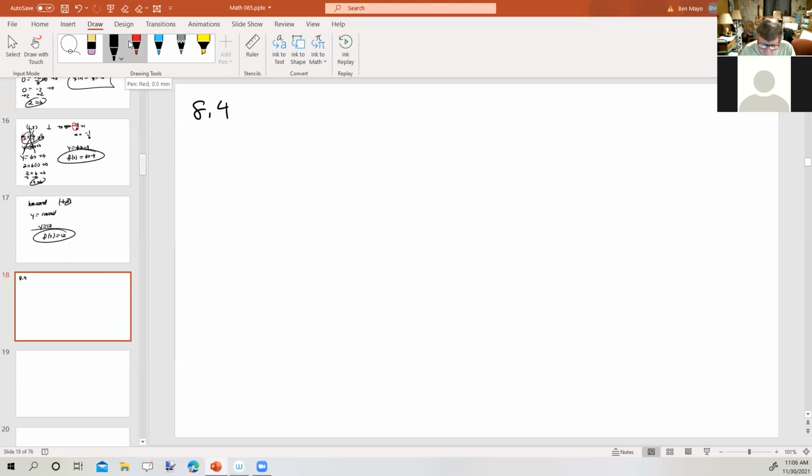The thing you've got to remember with an inequality is, let's say I've got negative 3x less than 12. If you multiply or divide both sides of an inequality by a negative number, you've got to change the direction of the inequality sign.